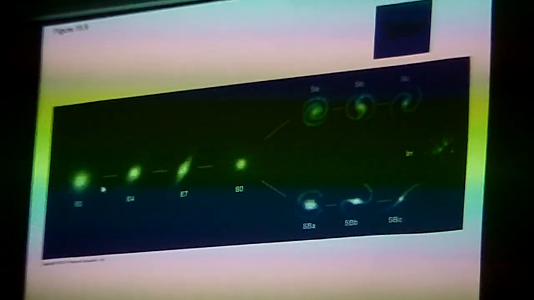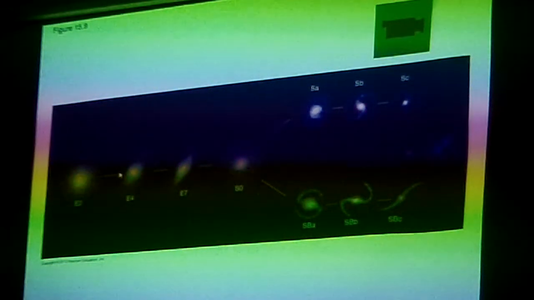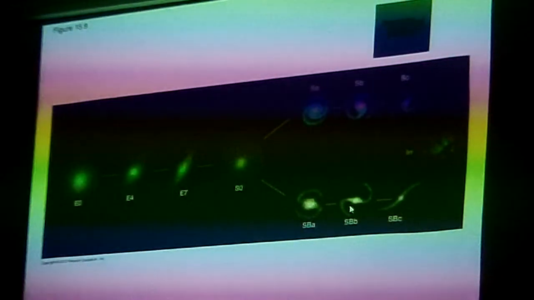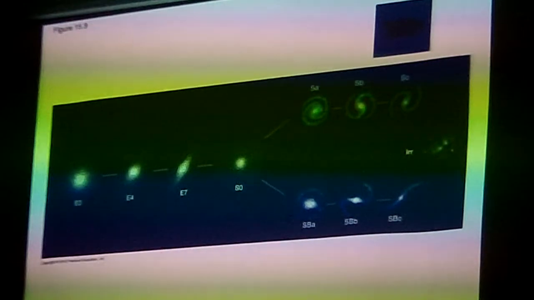He was thinking in his head that maybe the ellipticals change into spirals somehow. And so he saw this kind of progression. We find out that galaxies can change and become spiral through our computer simulations.